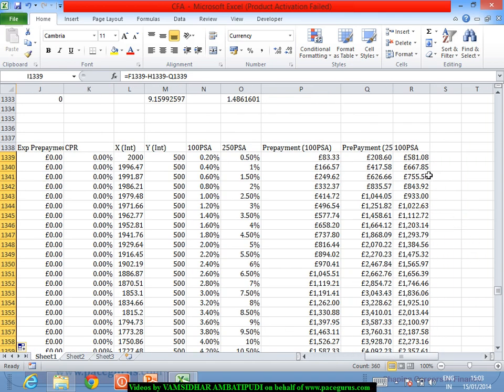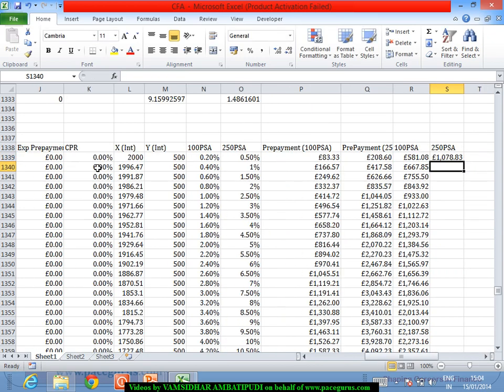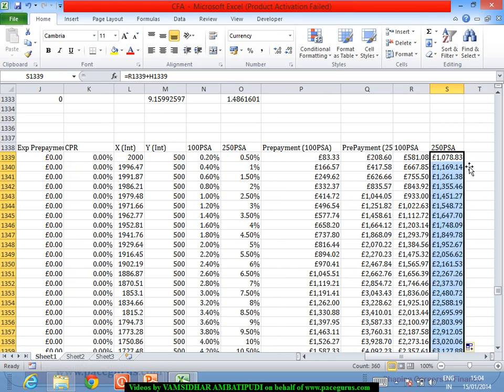So now as a part of my 250 PSA, my principal and the prepayment amounts put together are working out to, when I add up, these are my principal plus scheduled prepayment amounts.